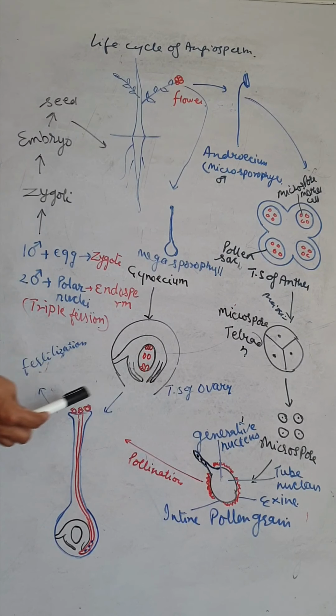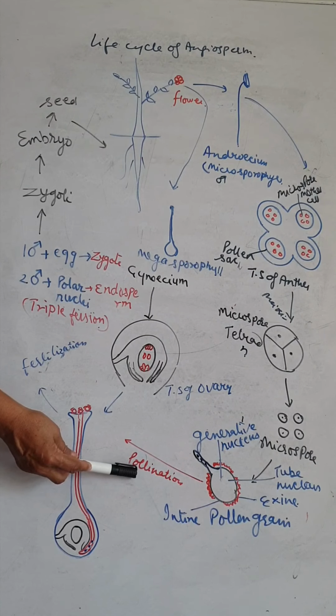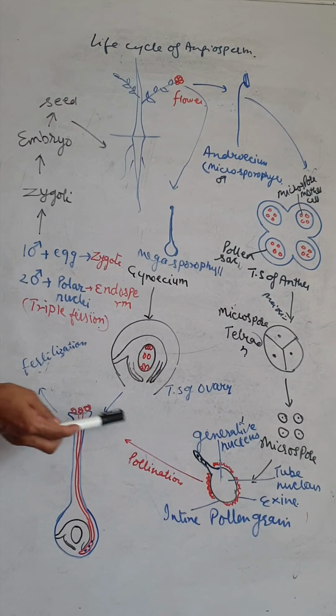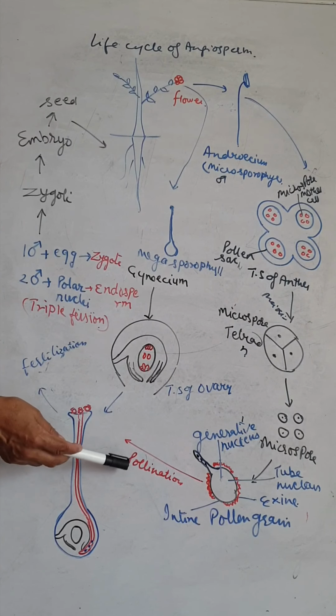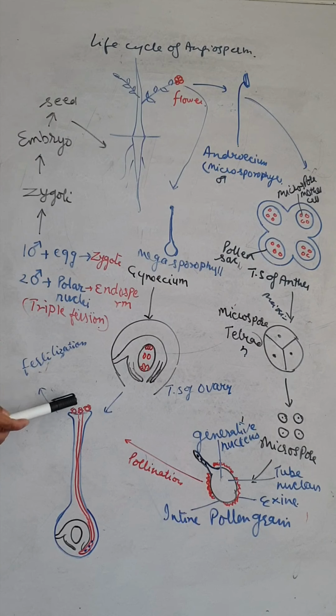The pollen grain reaches the stigma. The process is pollination. The transfer of pollen grain from anther to stigma is called pollination. When it reaches the stigma, it starts growing through the stigma and style and reaches the ovary.